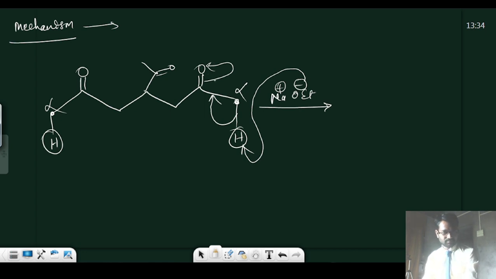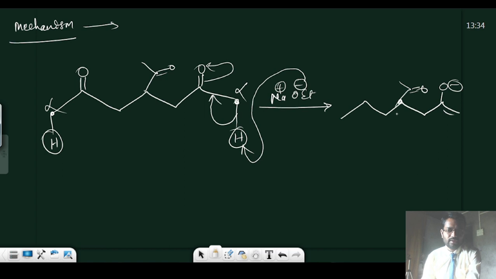So this is our concept. There is a formation of enolate anion like this. Here is the double bond to O.